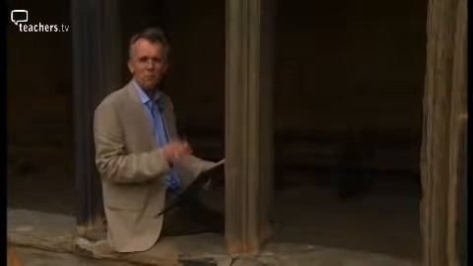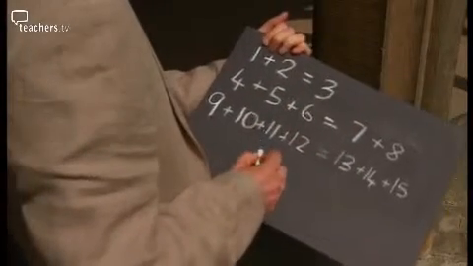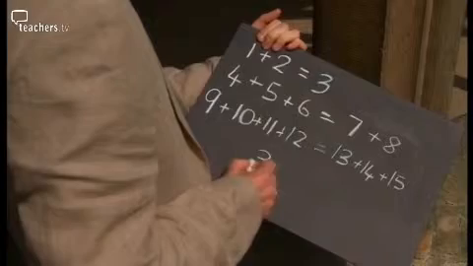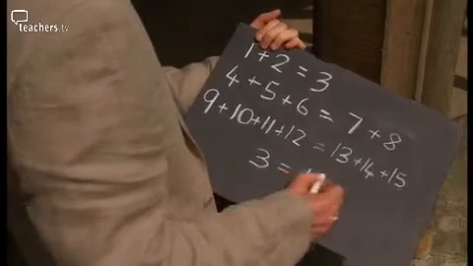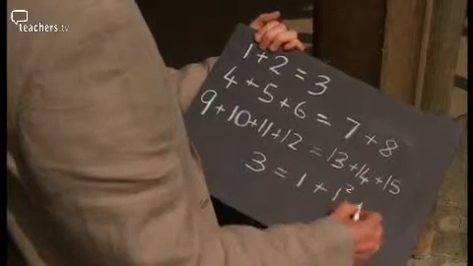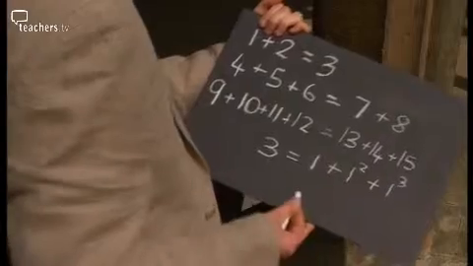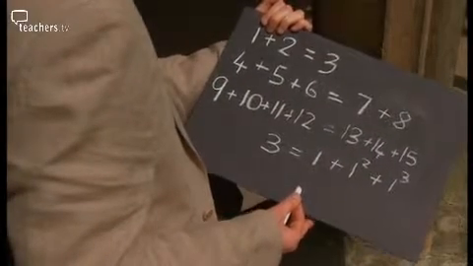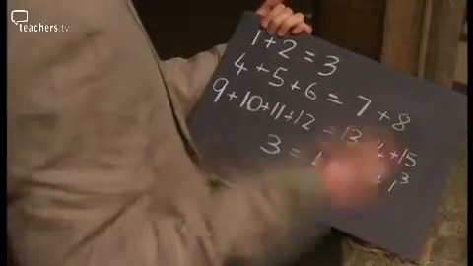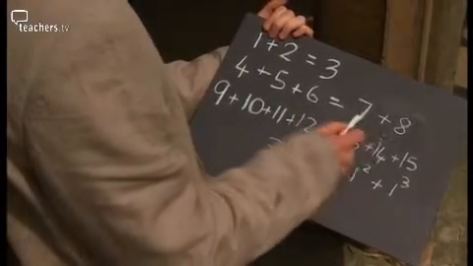Continuing the number pattern from before, if I take the 3 here, that total, I could write that 3 as 1 plus 1 squared plus 1 cubed. Now you might think, well, there's not too much in that. But let's have a look, see what happens in the next line.